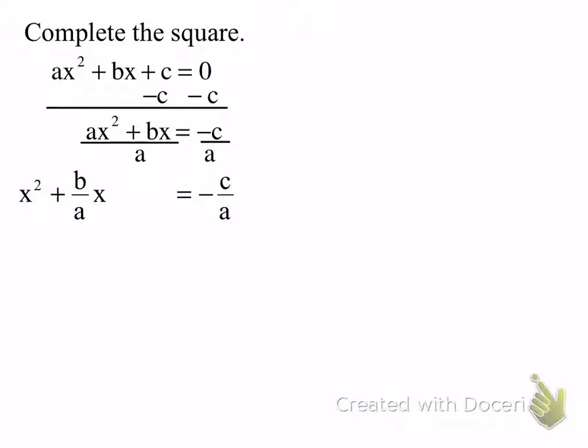Now, Ryan, what would I do next? We divide that by 2. What am I dividing by 2? B over a, we have to divide it by 2. Irene's method is to do outside over inside.